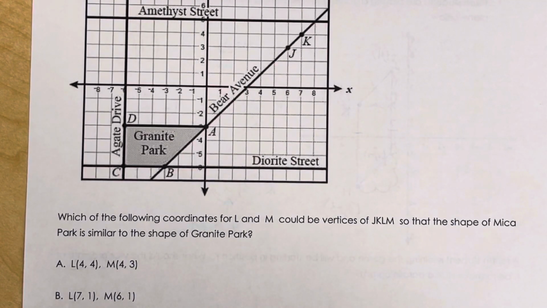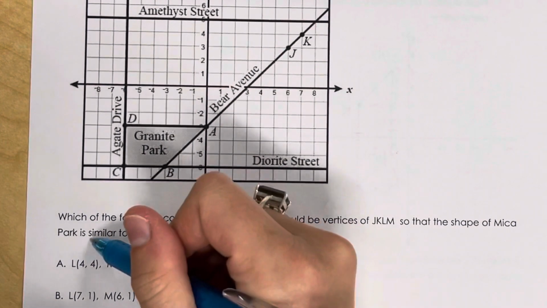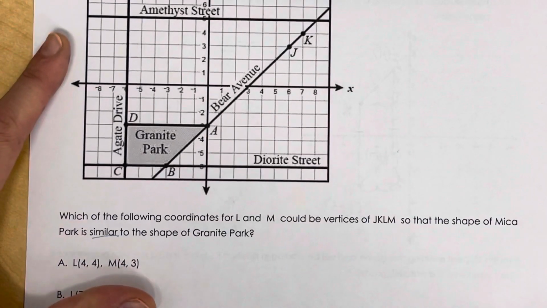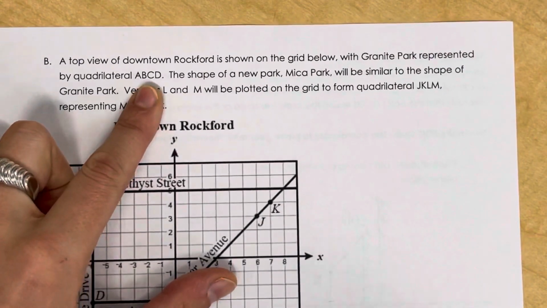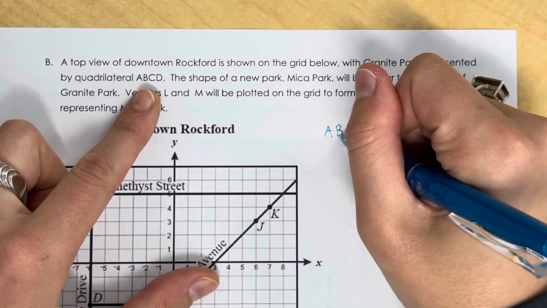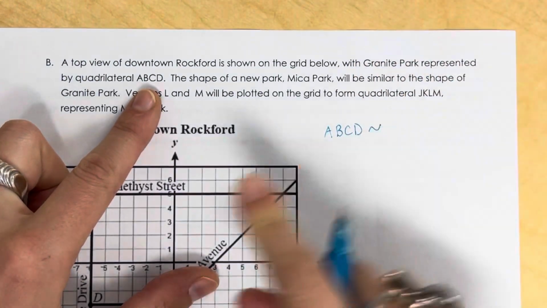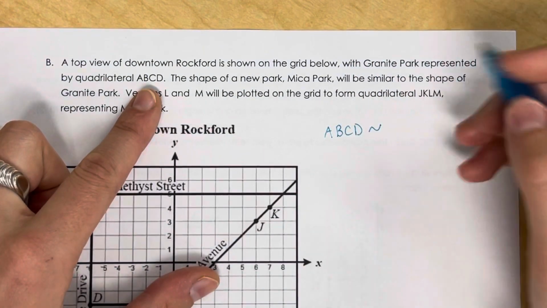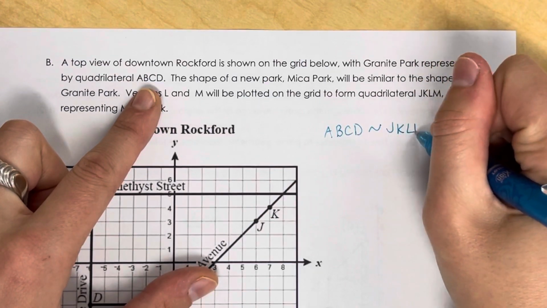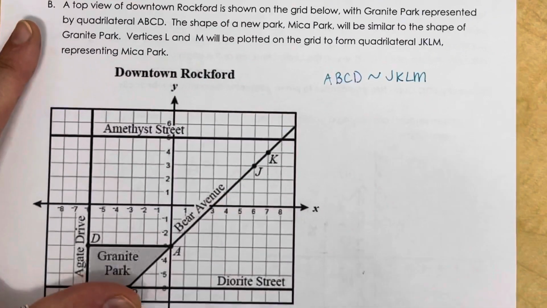Which of the following coordinates for L and M could be vertices of JKLM so that the shape of Mica Park is similar to the shape of Granite Park? So Granite Park is given to me in the form A, B, C, D. That means it'll be similar to the one that's given to me here, which is JKLM. So the corresponding pieces are going to be in order.